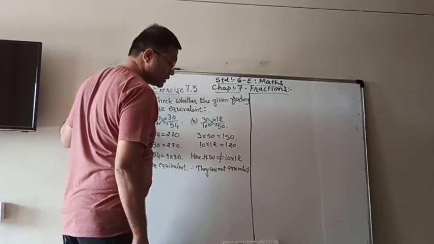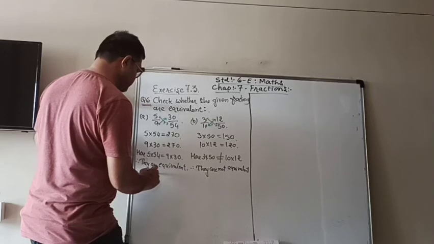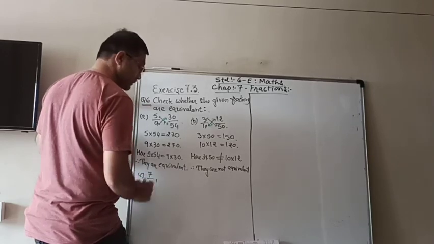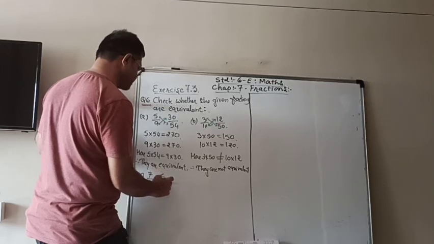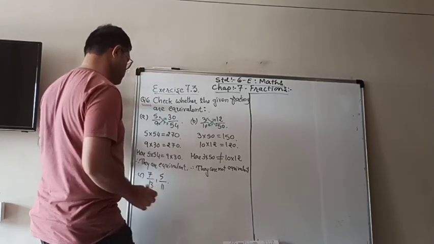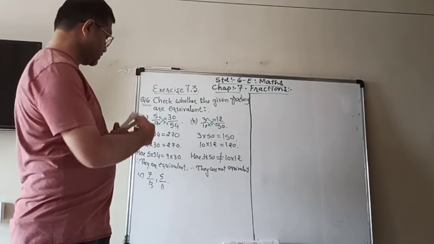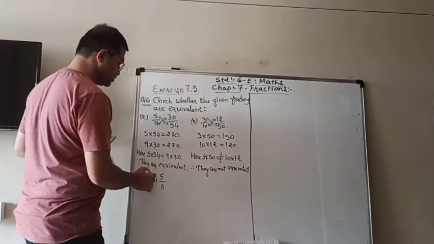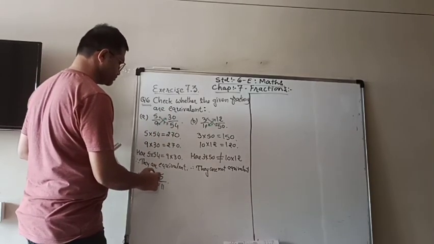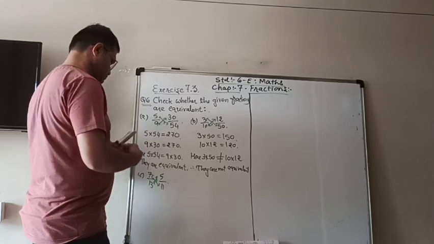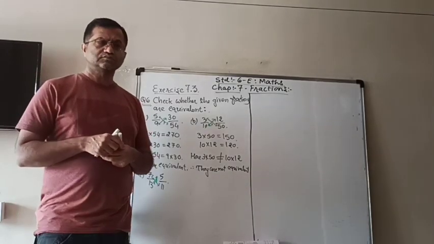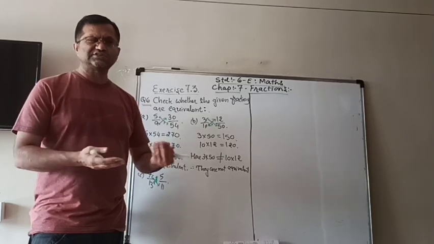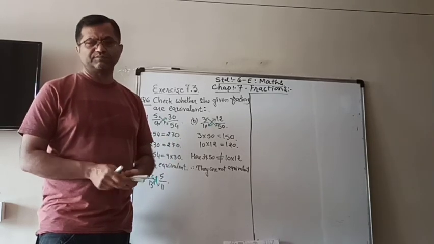So if the cross multiplication comes equal, they are equivalent, otherwise not. See, 7 upon 13 and 5 upon 11. Here also you can do the same thing. Actually there is another way also, but I think this is the simplest method.